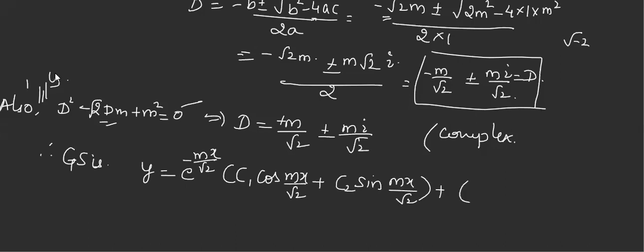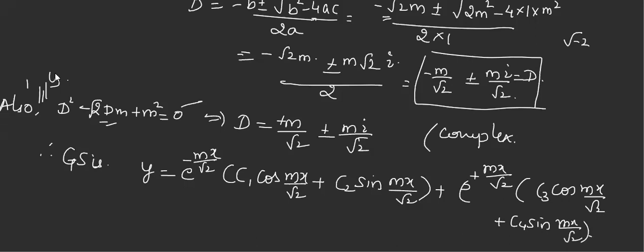Here e raised to minus, okay, plus m x by root 2, c 3 cos of m x by root 2 plus c 4 sin of m x by root 2. The main change appears in the real part, in the power of e. This is about the general solution.